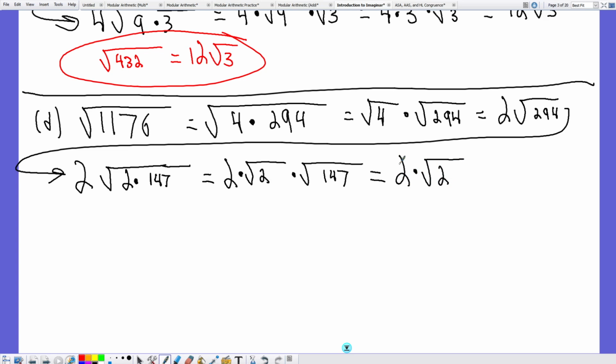So we have 2 times the square root of 2 times... Now we have 3 times... what is it? 49, I think.